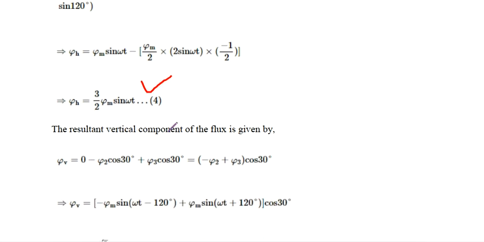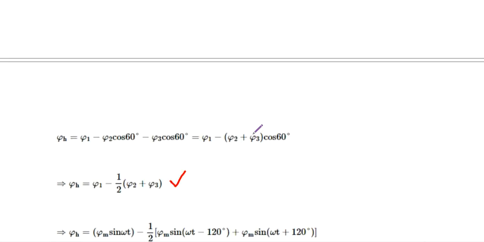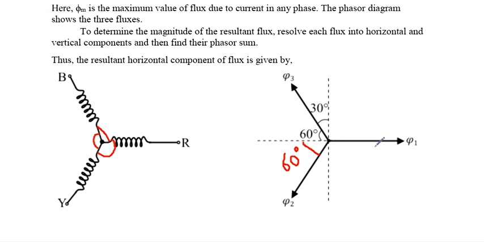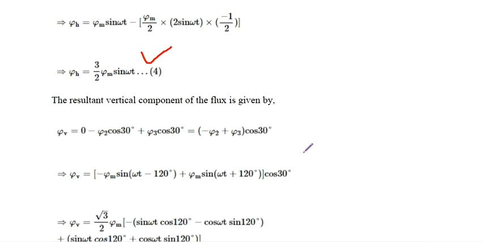Okay. Then what about the vertical component of flux? Similarly, if you see the vertical component of these three fluxes, what is the vertical component of phi 1? It is phi 1 cos 90 degrees. And what is cos 90? Cos 90 is 0. That's why the phi 1 component will not be there. Fine. Then what about phi 2?